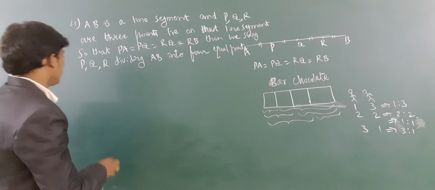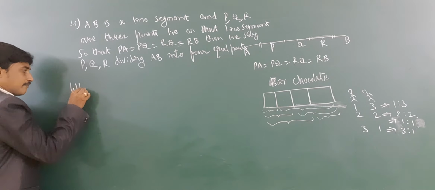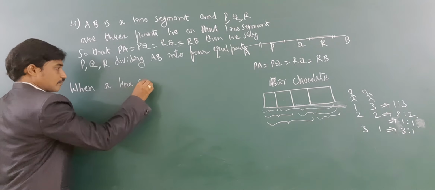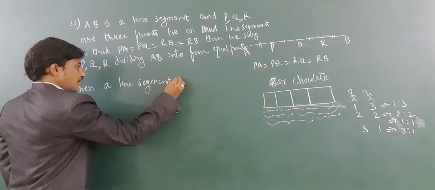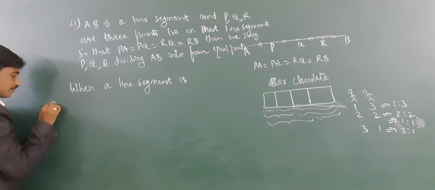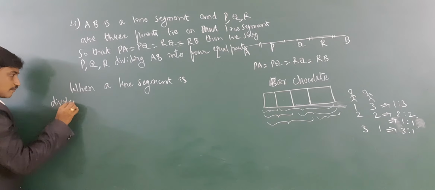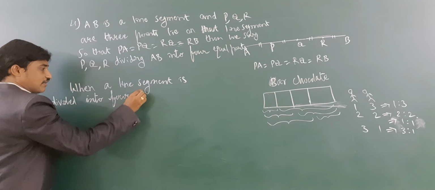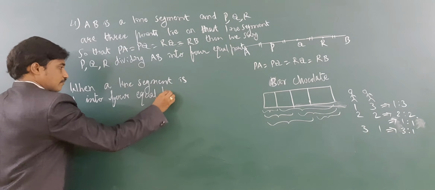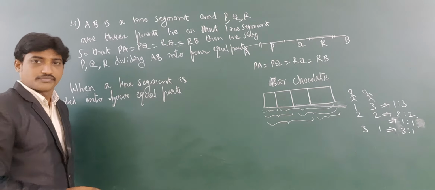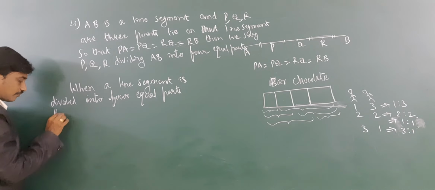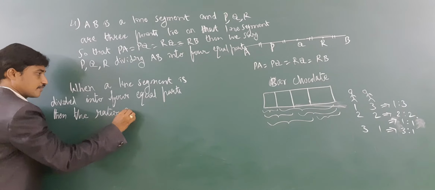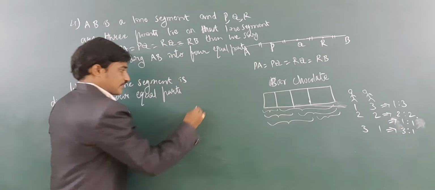Here, when a line segment is divided into 4 equal parts, then the ratio is as follows. This is a line segment AB.